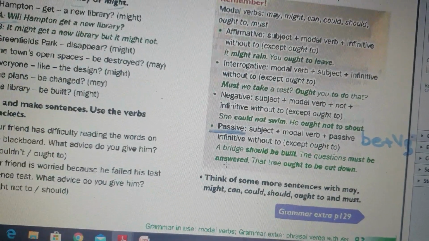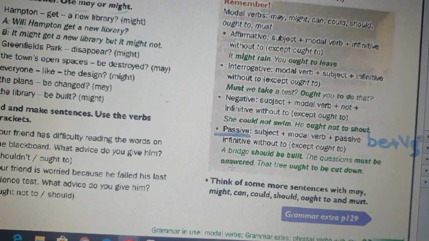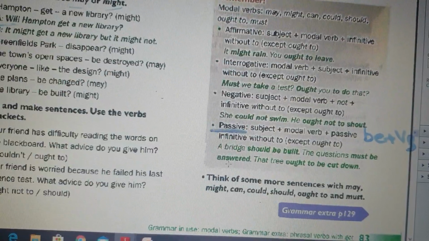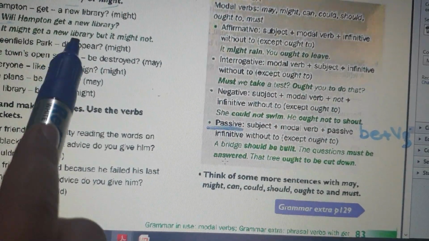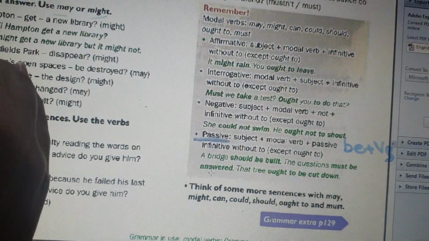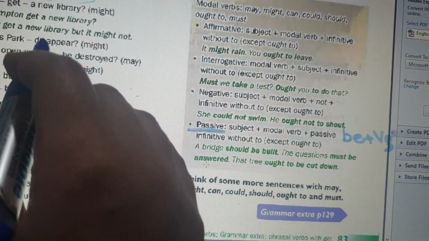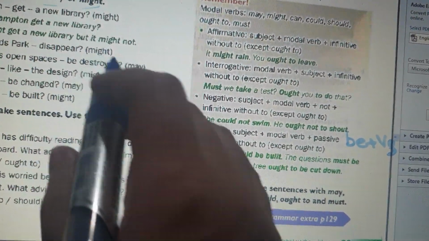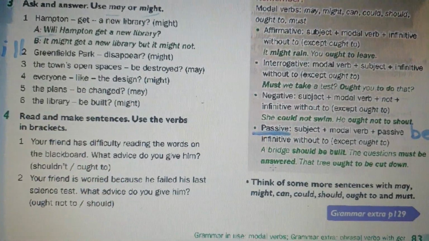Greenfield spark disappear. Easy. Well, the interrogative is to put the question word, the subject and the verb. Well, greenfield, like this. Will greenfield spark disappear? The answer is from the text, actually, you can get it.